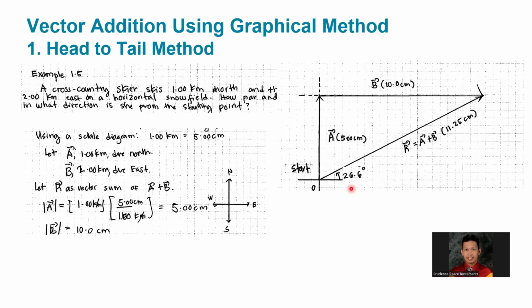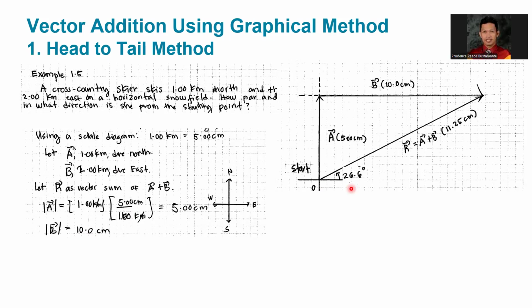So if you measure this using your ruler from the tail of A to the head of B, the measurement is about 11.25 centimeters. And using our protractor, we found out that this is 26.6 degrees from the positive x-axis.